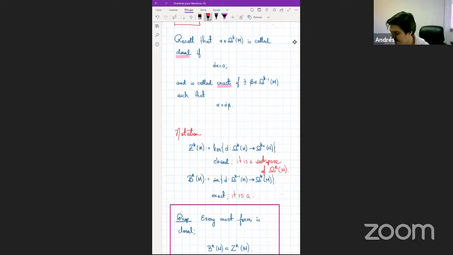It is a subspace because it is the image under a linear map. So these two are linear subspaces. They are quite big, so they keep being infinite dimensional. Okay.